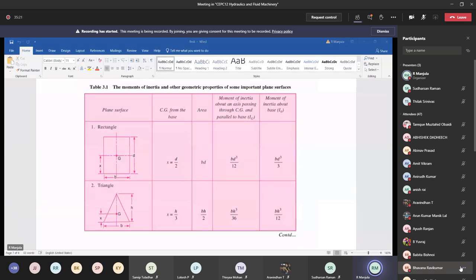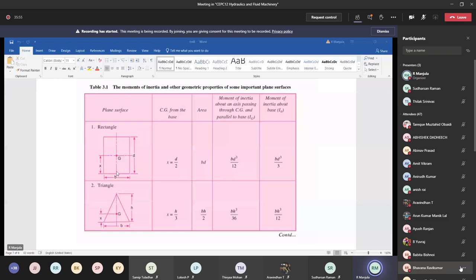Yes, ma'am. Okay. So now these are the moments of inertia which you might have studied in school itself, moments of inertia of different plane surfaces. This is for a rectangle, with B and D as the cross-section width and depth, and x is the distance of the center of gravity from the base.